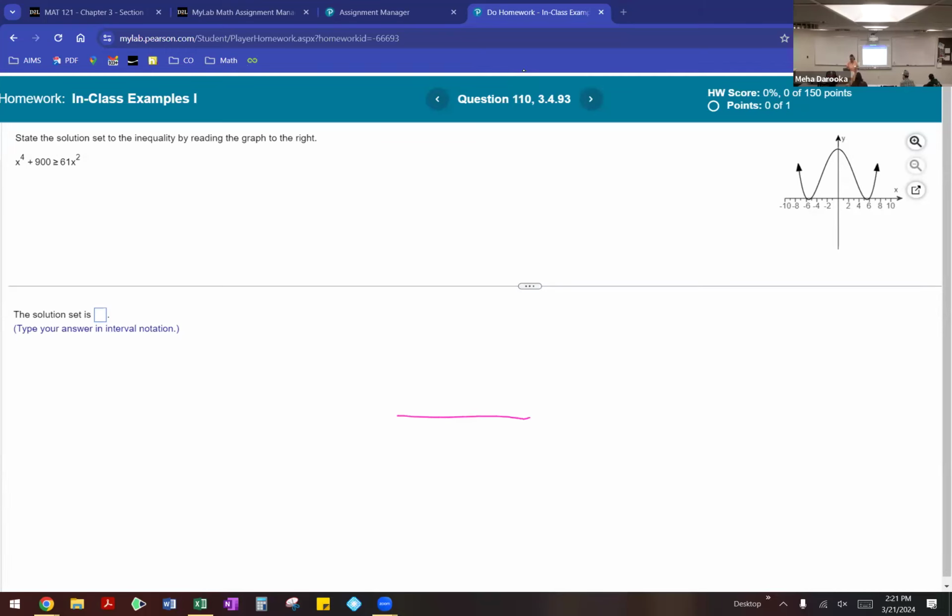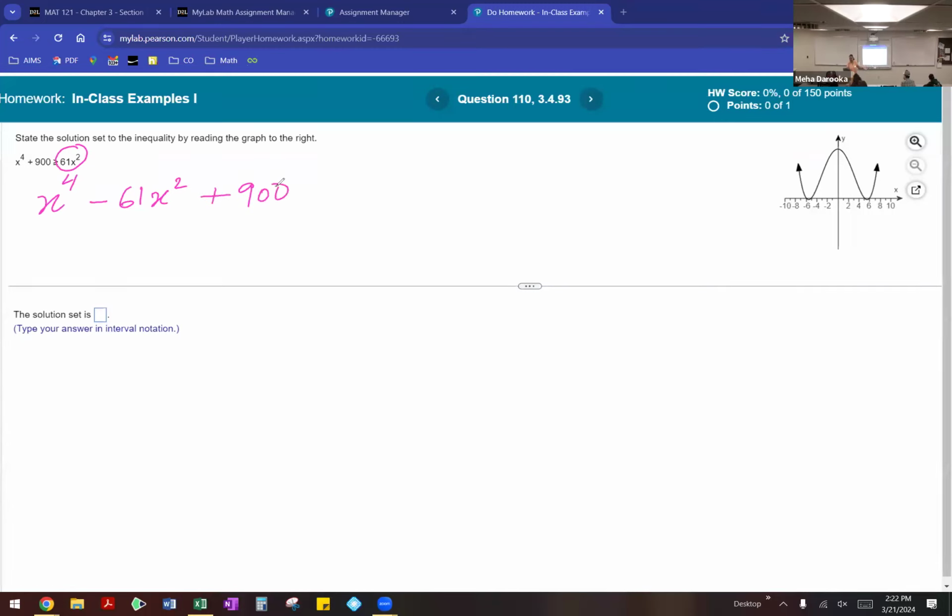So this guy here. X to the fourth. We'll take that positive 61 x squared and move it to the left-hand side. So that will end up becoming negative 61 x squared. And then we have the plus 900.